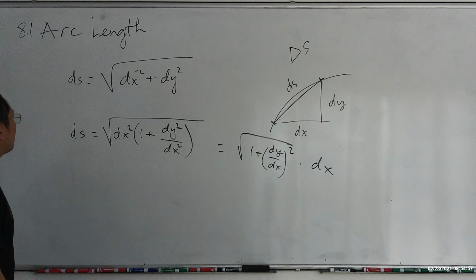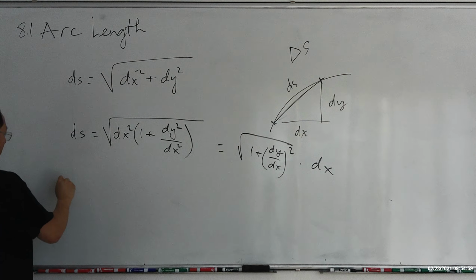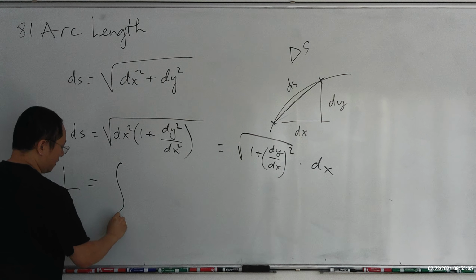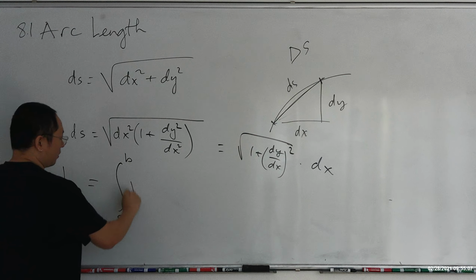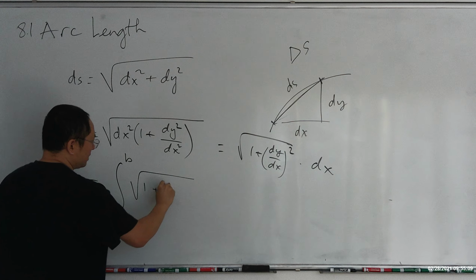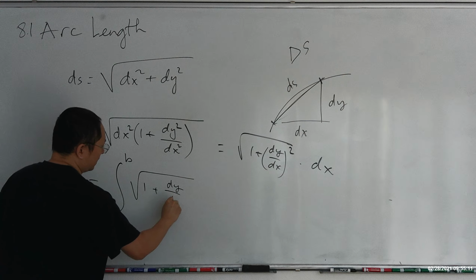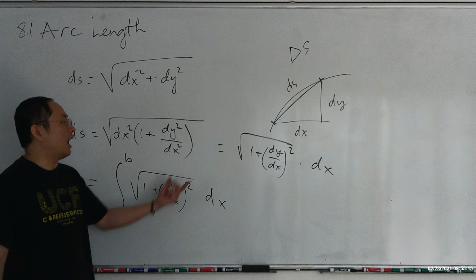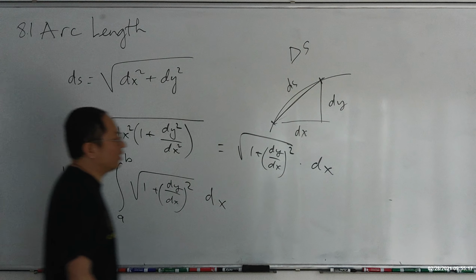So that gives us the first formula for calculating the arc length. The arc length L is equal to the integral, x running from a to b, of the square root of 1 plus (dy over dx) squared dx, where dy over dx is just f prime, the function's derivative.